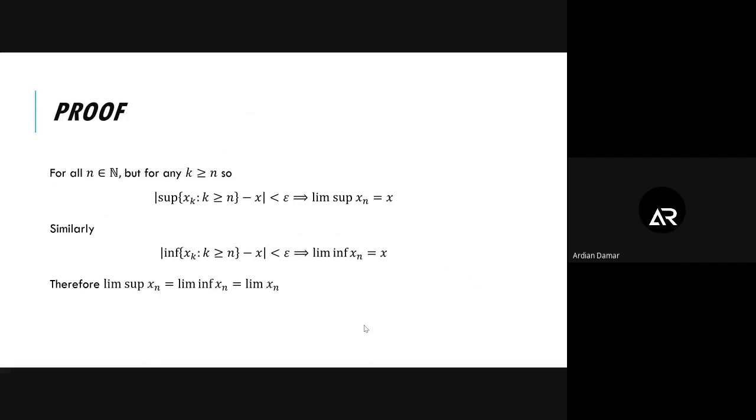Similarly, the absolute value of the infimum of xk with k greater than or equal to n, minus x, is less than epsilon, which implies the limit inferior of xn is equal to x. Therefore, we have proved limit superior xn is equal to limit inferior xn, and it is equal to limit xn.